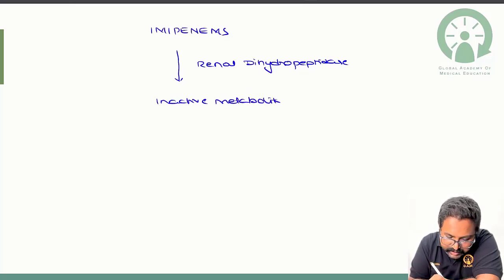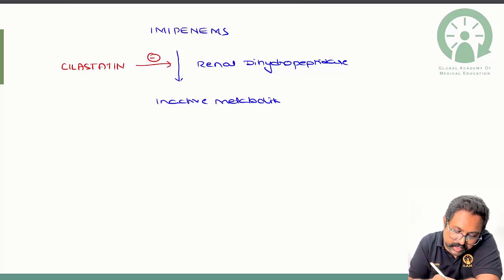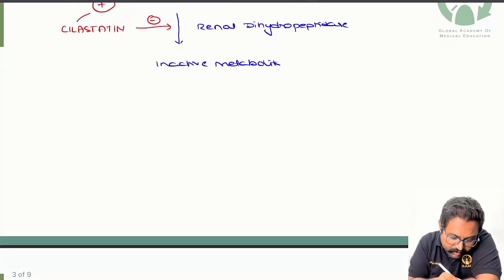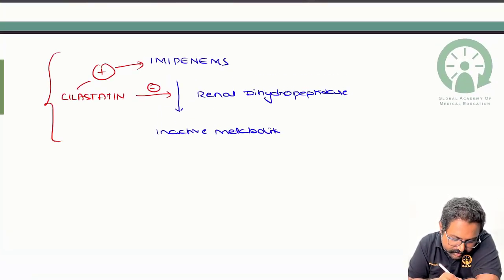So you can increase the concentration of imipenem by inhibiting this enzyme with the help of cilastatin. So you can combine cilastatin with imipenem. The only risk involved with these drugs is that it will increase the risk of seizures.